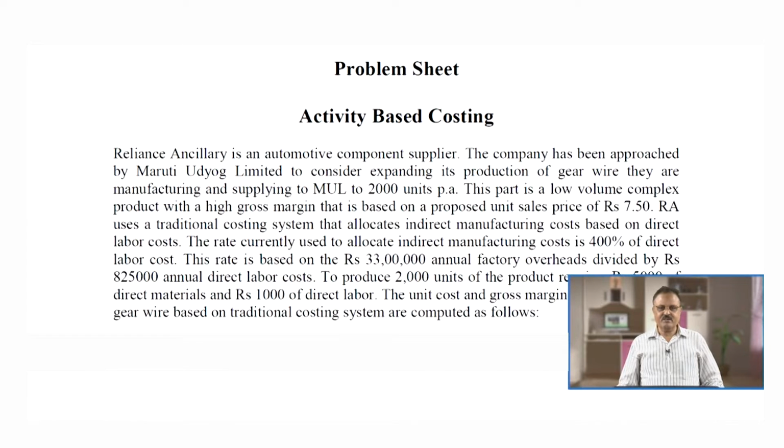So, this case is Reliance Ancillaries, an automotive component supplier, an ancillary unit supplying its product as inputs to Maruti Udyog Limited, and Maruti Udyog is the final user of their product. They manufacture different products, but one product, a gear wire, they are supplying to Maruti, and there is some problem in the costing system of this company.